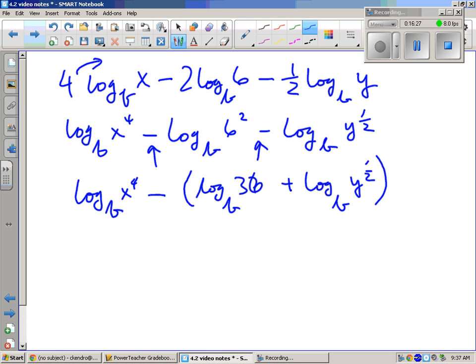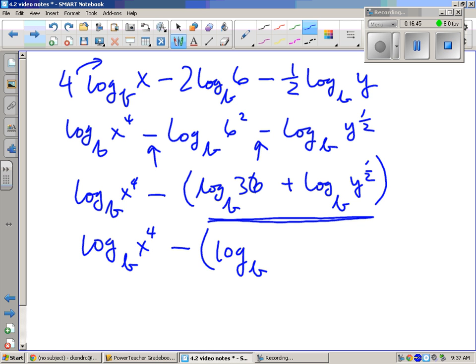Okay, the reason I need to do that is because those are going to be together on the bottom of the log. So let's keep going here. Log base b of x to the fourth minus, I'm going to put these two together as 1, so I'm going to write 1 log and then 36 times y to the 1/2.